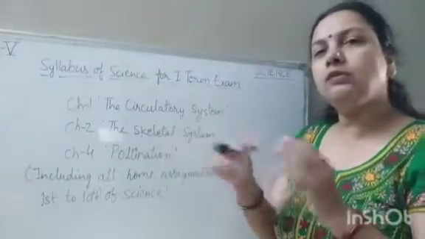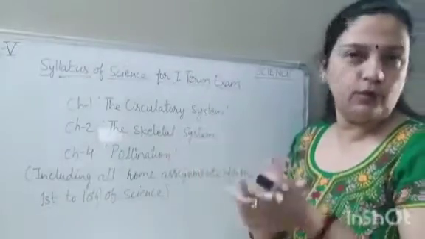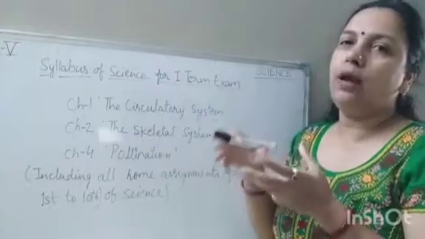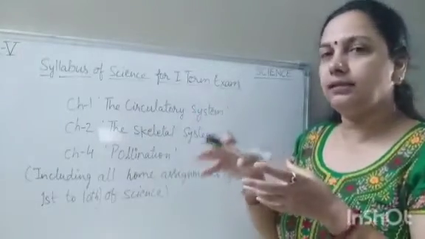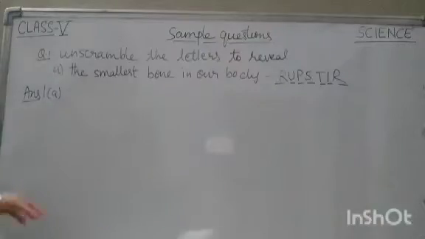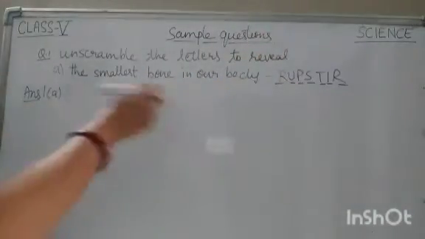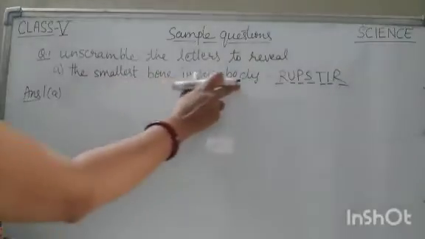Now I am giving you just an idea of the format of question paper, what type of questions will come, and how you have to write the answers in your answer sheets. So children, first type of questions are unscramble the letters to reveal, for example, the smallest bone in our body.